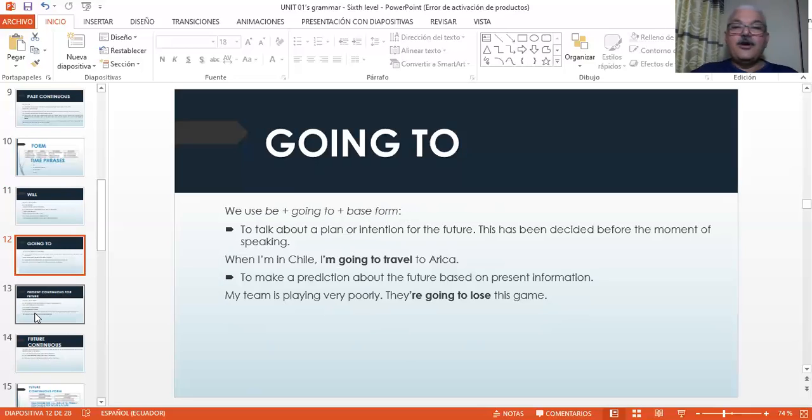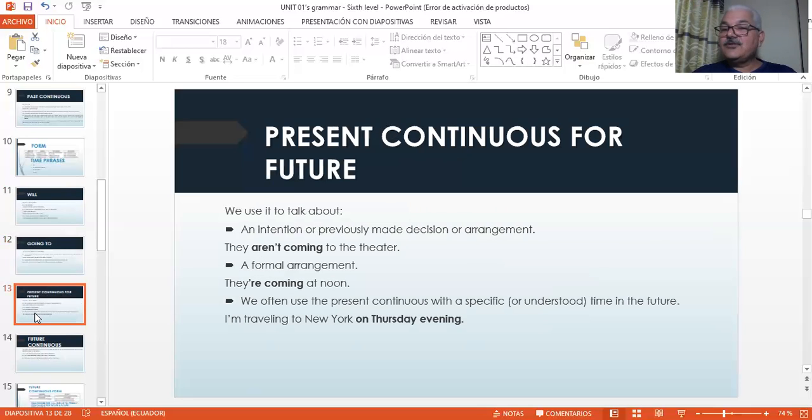Then we also have the present continuous. In some cases, in some sentences, we use the present continuous to express this notion of future. Let's see, first, for an intention or previously made decision or arrangement, but which is very strong.